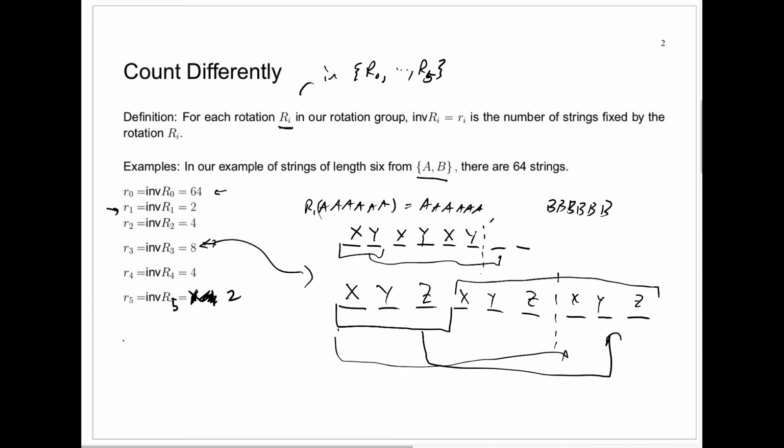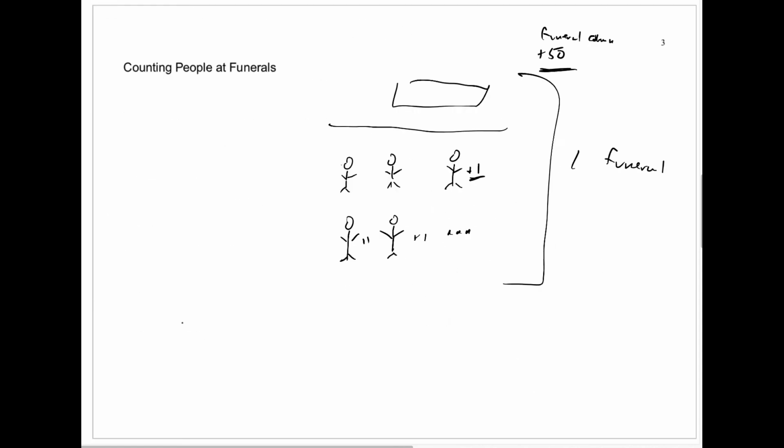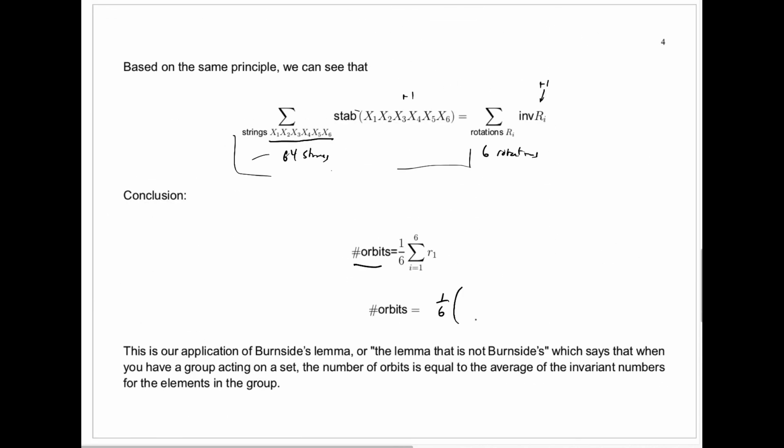These numbers here on the left, I'll just remind you of them. R0 had invariant number of 64, then R1 had 2, then R2 had 4, then 8, then 4. This is for R0, R1, R2, R3, R4, and R5 was 2.